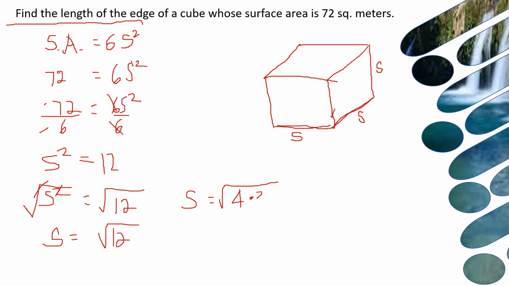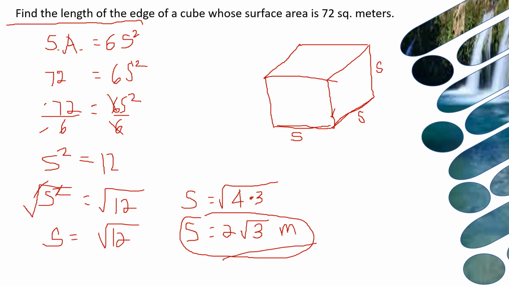So 4 times 3 is 12. But 4 has a square root, and that is 2. So bring out the 4 as 2, times square root of 3. Since it is the length of a side, the unit is meters. So each edge has a length of 2 square root of 3 meters.